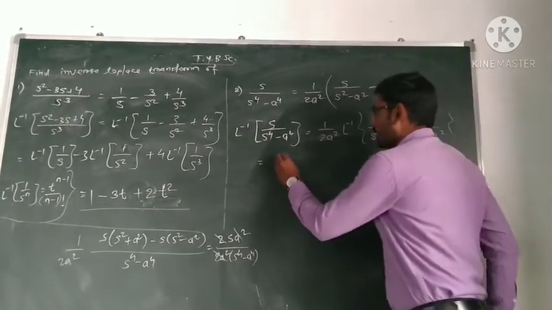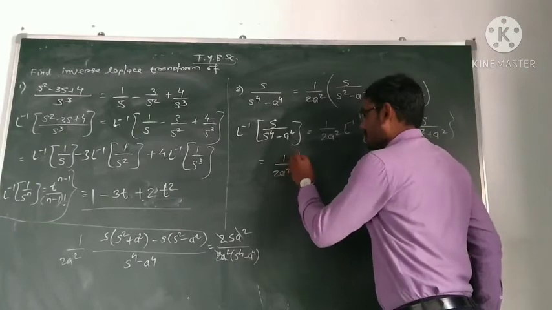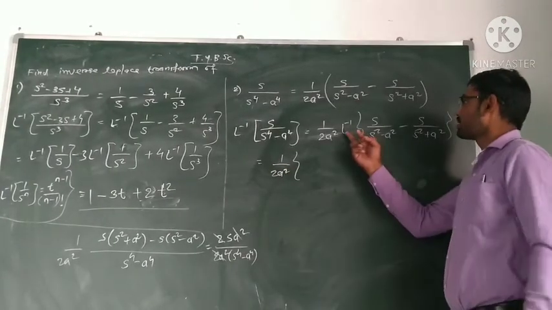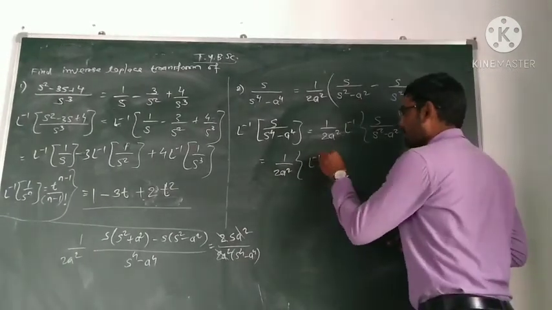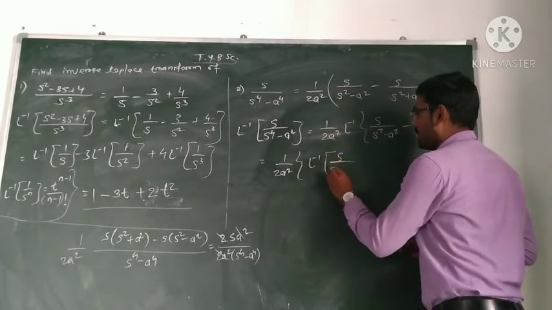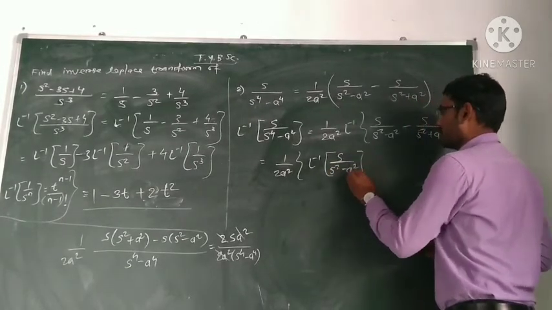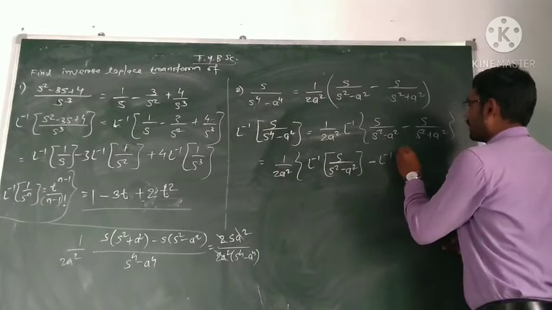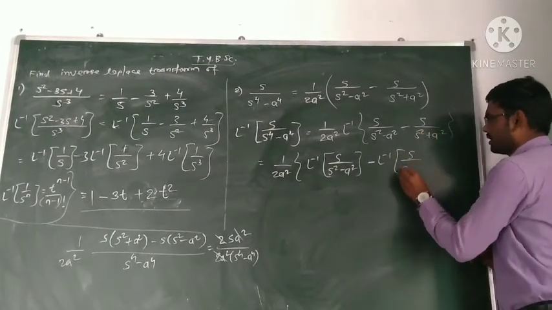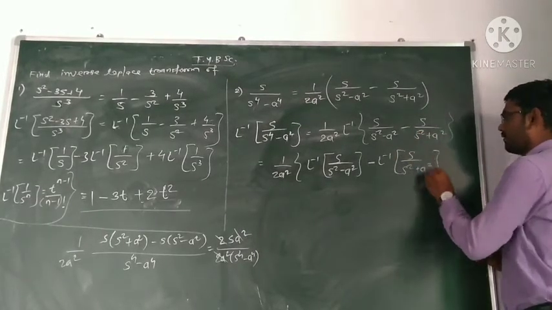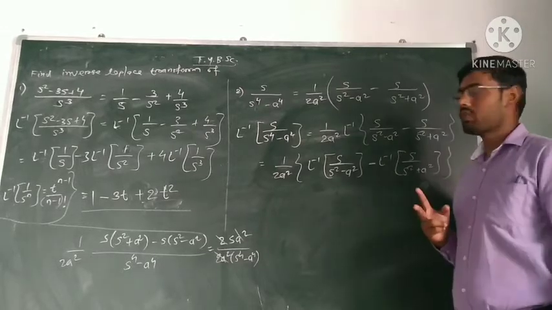Again we will use the linearity property. So inverse Laplace transform of s upon s square minus a square minus inverse Laplace transform of s upon s square plus a square. Now we know the formula.